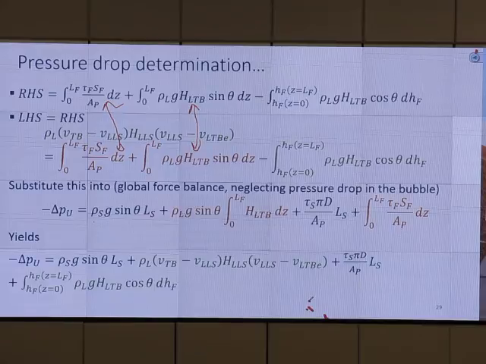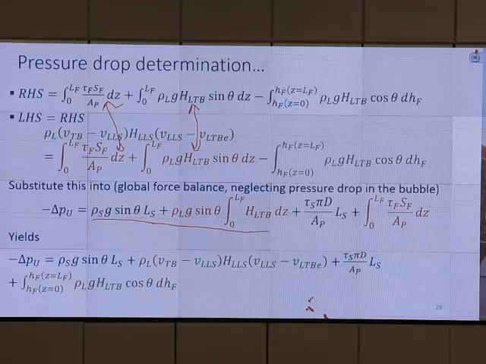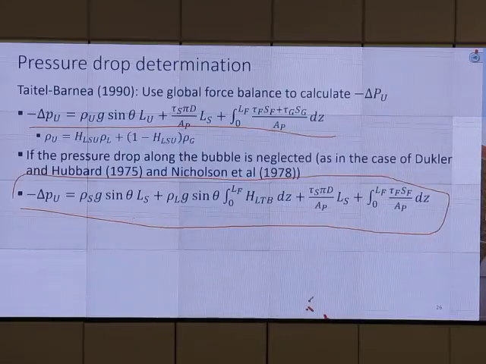Then rho g sin theta stays the same, right? Actually, this one is the global force balance that I just copied here. Let's take a look at the global force balance.